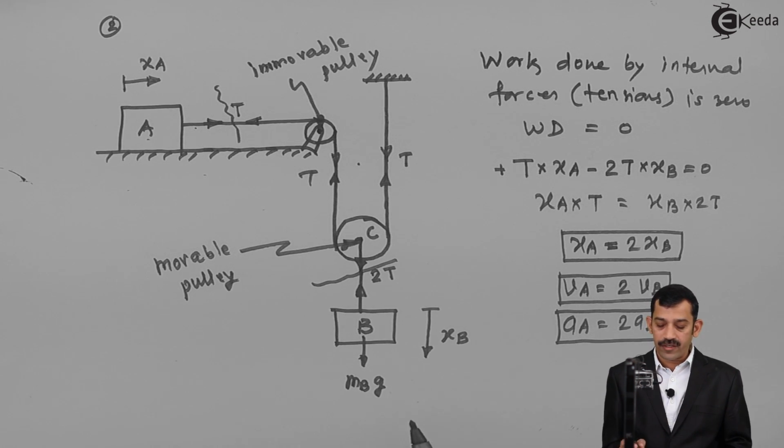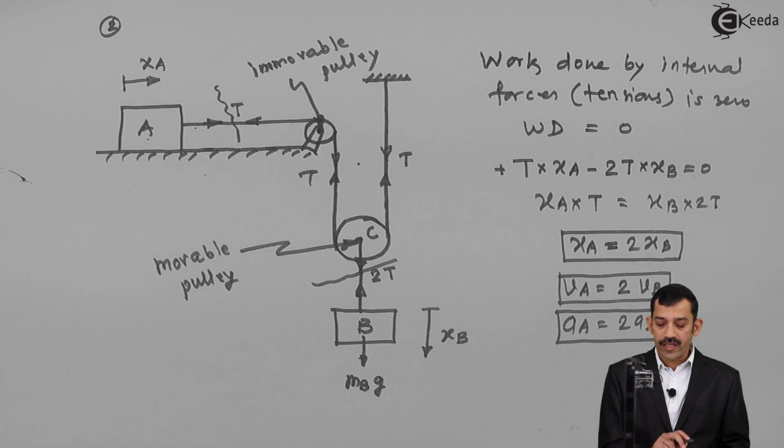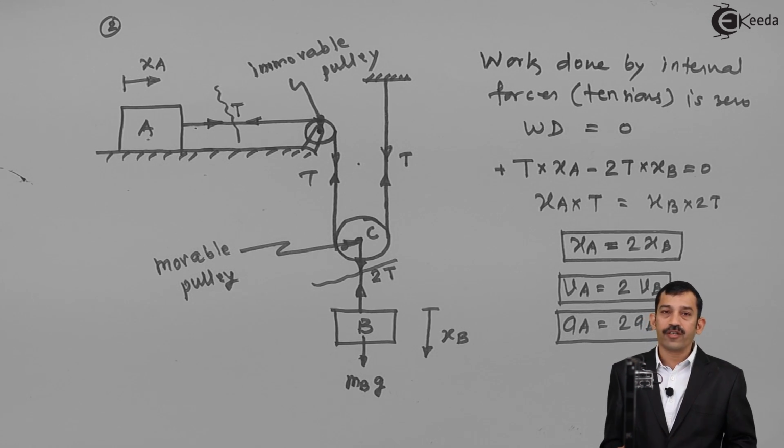That means you can say 2 into XB or 2 into VB or 2 into AB. That means the relation becomes 1 into XA equal to 2 into XB, 1 into VA equal to 2 into VB, 1 into AA equal to 2 into AB. A direct relation is possible. That means the work done by internal forces is 0.